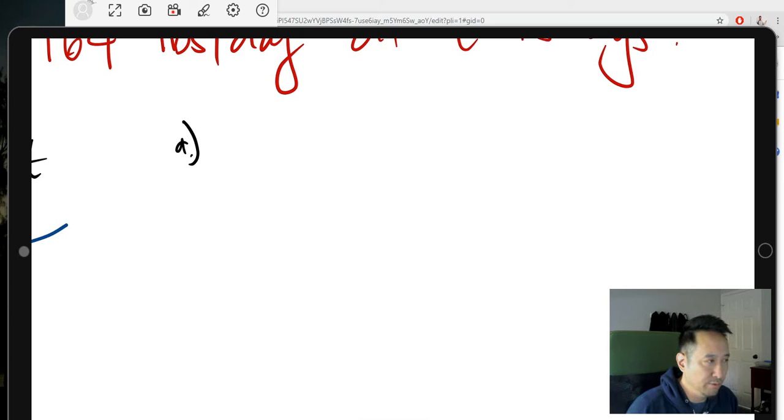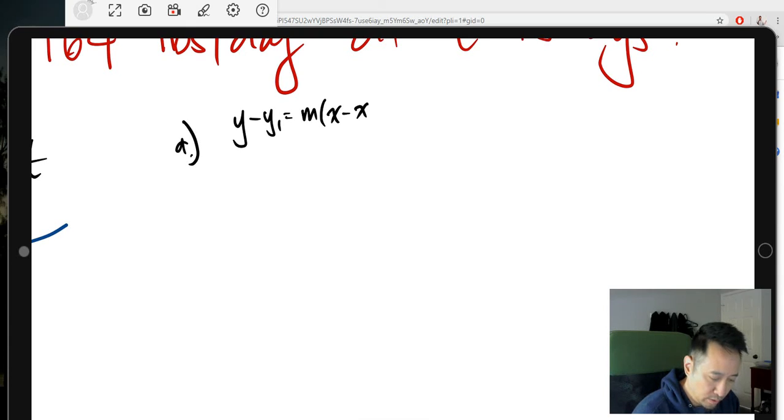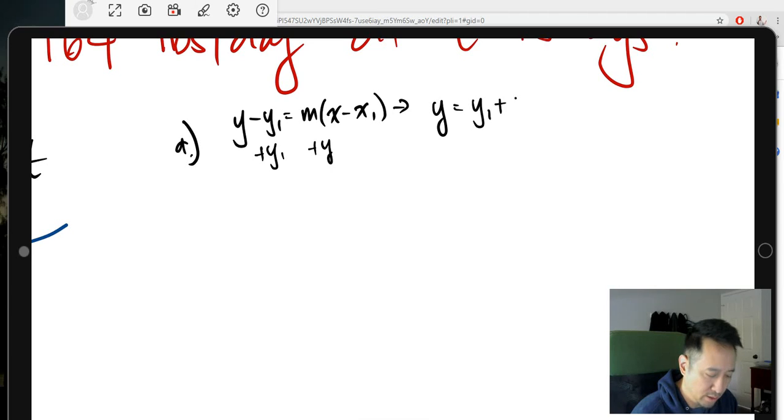Okay, cool. So we're looking for an equation of a line, which I'm going to write in point-slope form, at t equals 30. And that's going to represent L of t. Using this structure, y minus y1 equals m times x minus x1, and we can change that by moving y1 over, adding it to both sides. Essentially you have y equals y1 plus my slope times x minus x1.